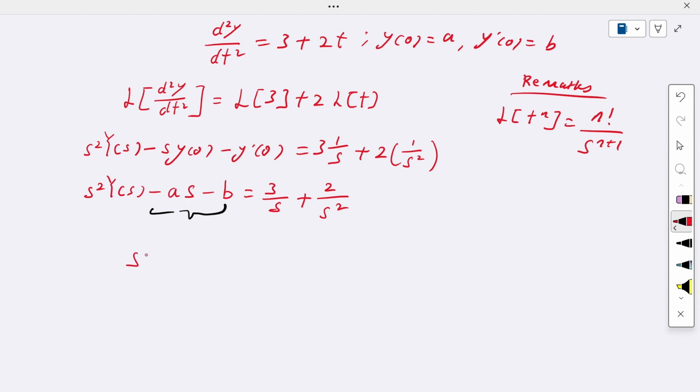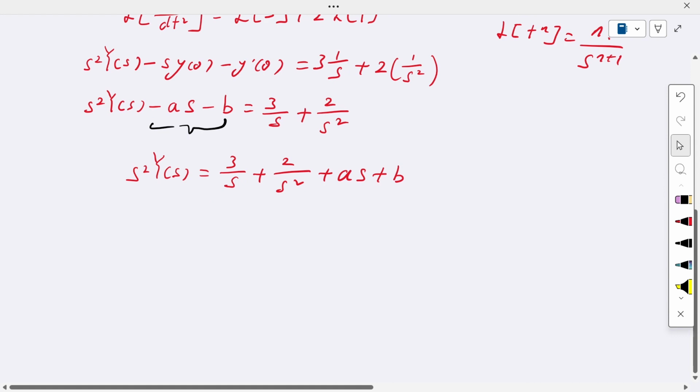So we have s squared capital Y(s) equal to 3 over s plus 2 over s squared plus a s plus b. Now we can divide this whole equation by s squared so that we get Y(s) on the left.